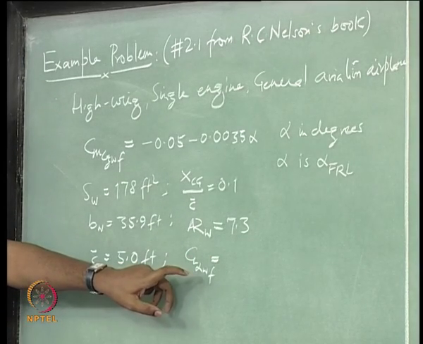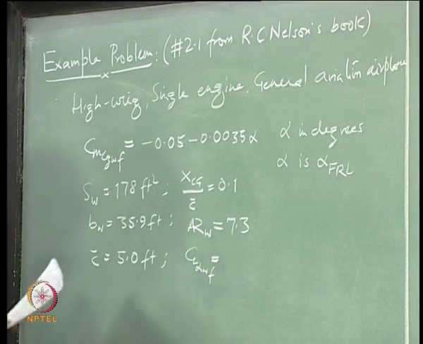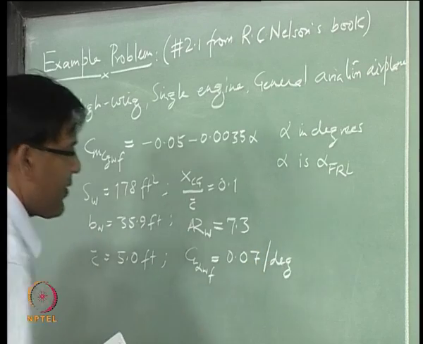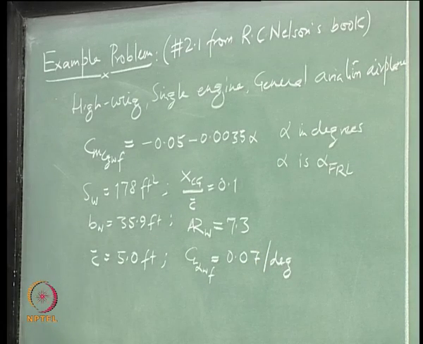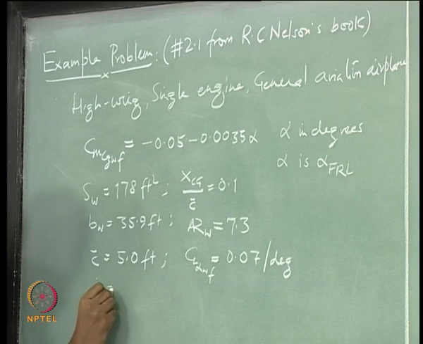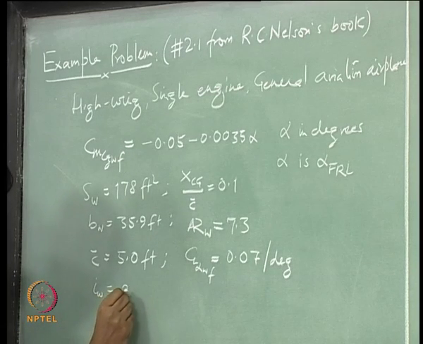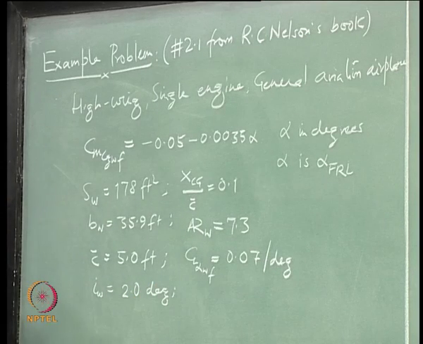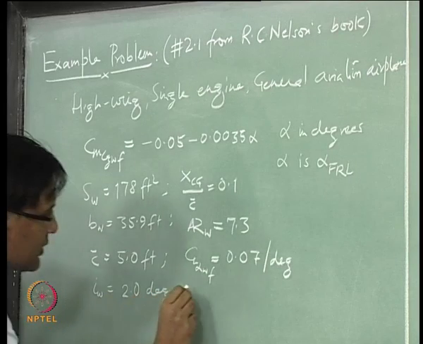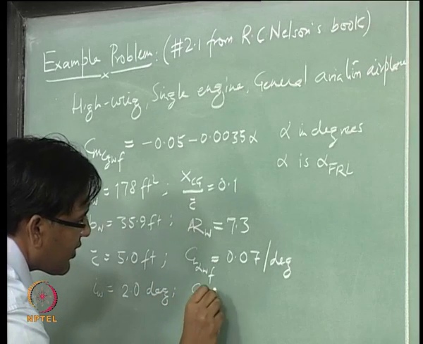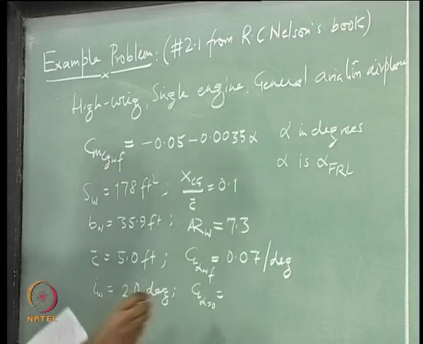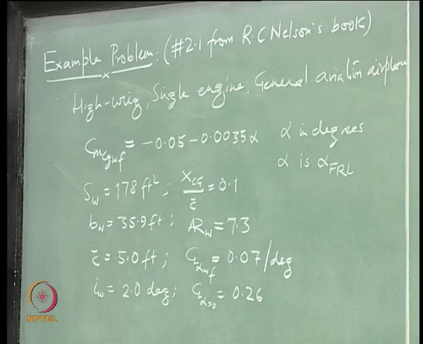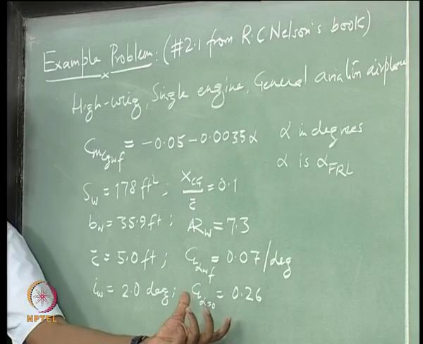CL alpha for wing fuselage combination. So, clearly the wing is positively cambered, right.